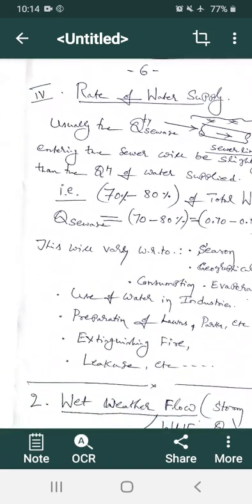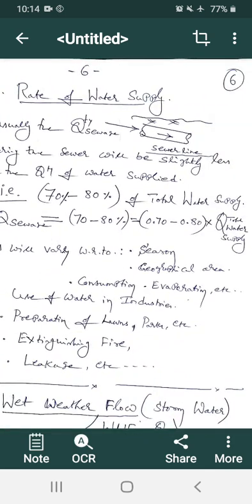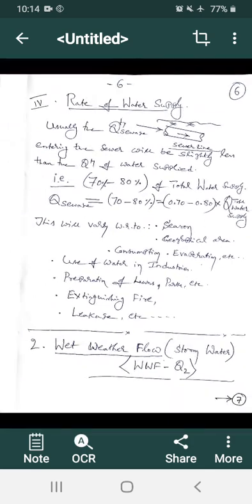The quantity of sewage passing through a sewer line is very important. It is mainly based on the rate of water supply. How much water you supply to the public is very important, and according to that, the rate of water supply is to be calculated.